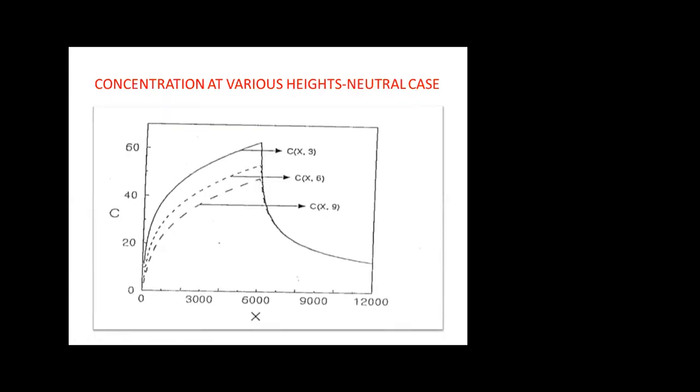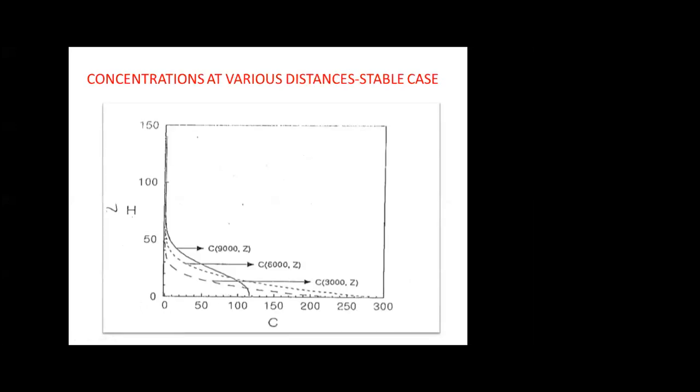This is for the neutral case, the same, the concentration at 3-meter, 6-meter, and 9. So look at it, as you go higher and higher, the concentration of the pollutant decreases. And then we have the concentration at different heights, different X values.